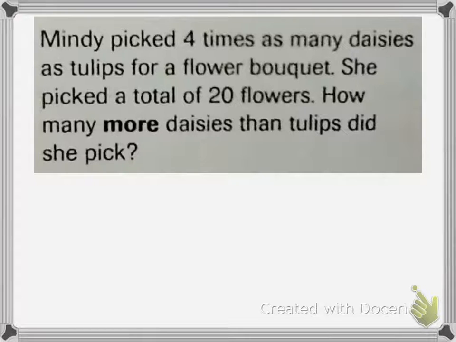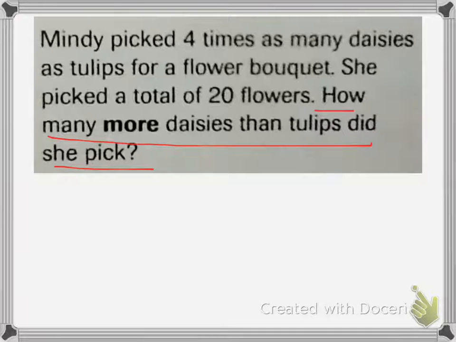Okay, so here's what I would like you to do with this problem. I want you to make a comparison model for this problem. So you want to label everything, you want to make a comparison model, you want to solve the question that is actually being asked as well.